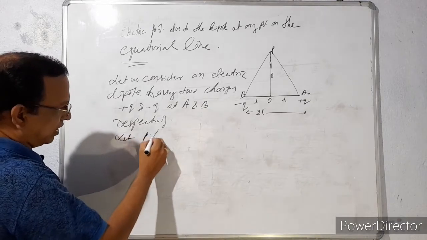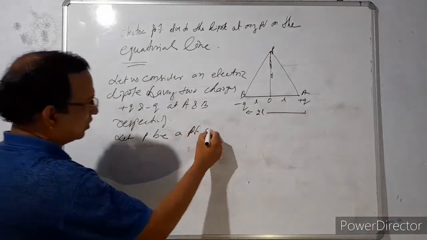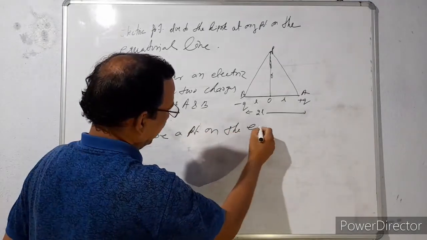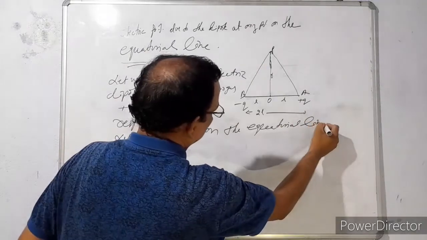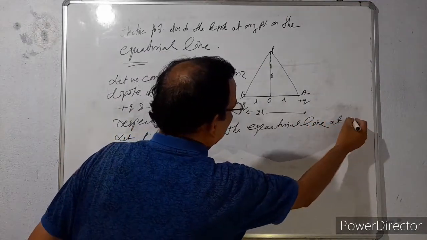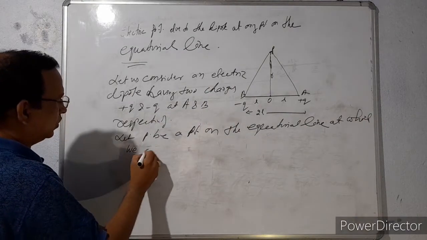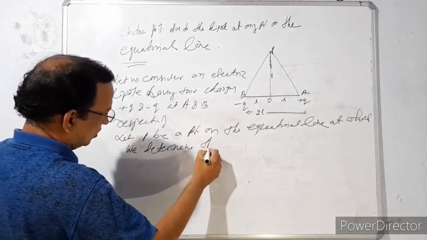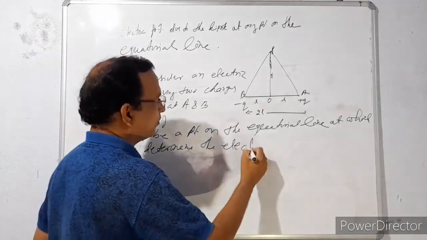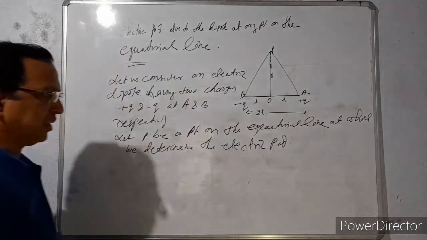Let P be a point on the equatorial line at which we determine the electric potential.